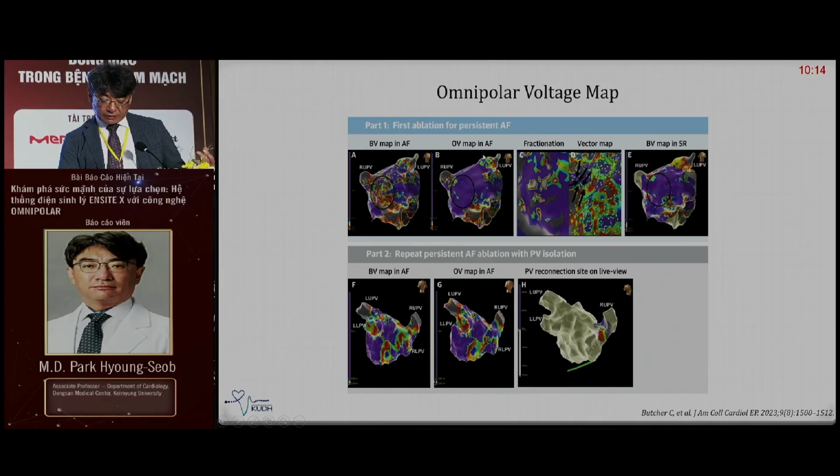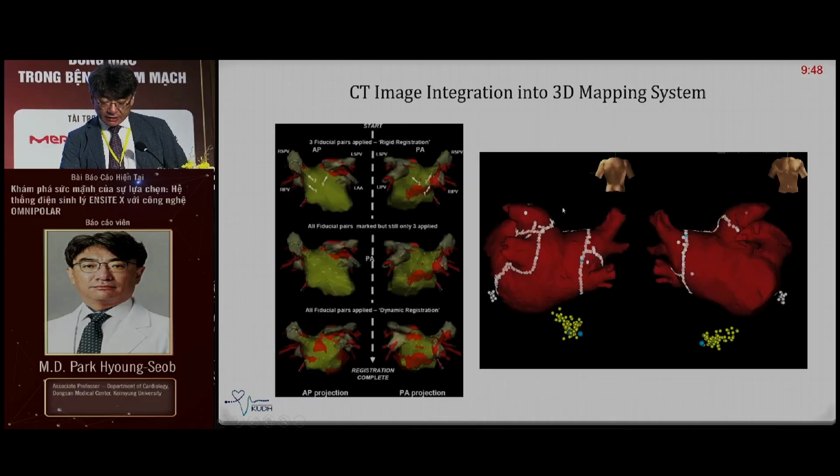Even though the mapping was performed in atrial fibrillation, it correlated with the bipolar voltage map in sinus rhythm. So the wavefront independence of catheter orientation, while the wavefront orientation varies in atrial fibrillation, is a big benefit of omnipolar voltage with mapping with the HD Grid catheter.